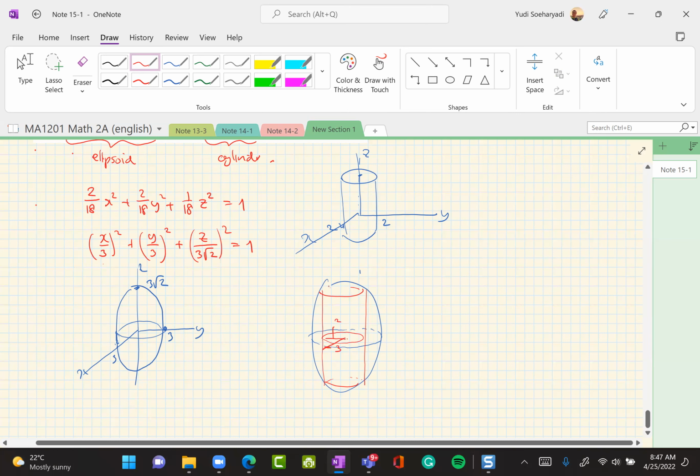So what's the object? The object is this one here, not the inside. The inside is the cylinder.